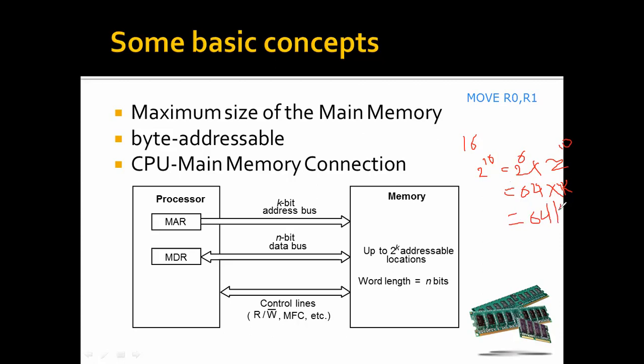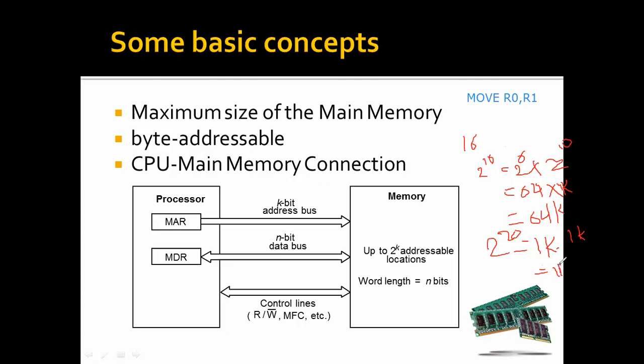If you have 20 address lines, how many locations are there? 2 power 20, which can be taken as 2 power 10 into 2 power 10. 2 power 10 means 1K, so 1K into 1K, what is the value? 1 mega, 10 power 6.